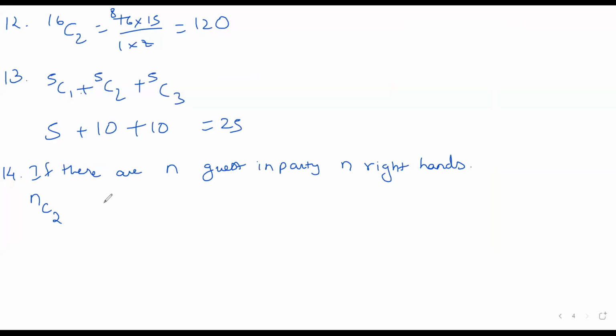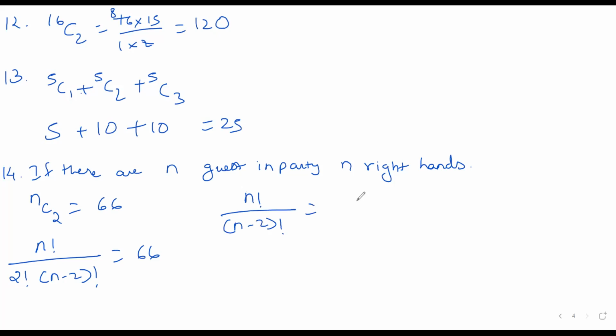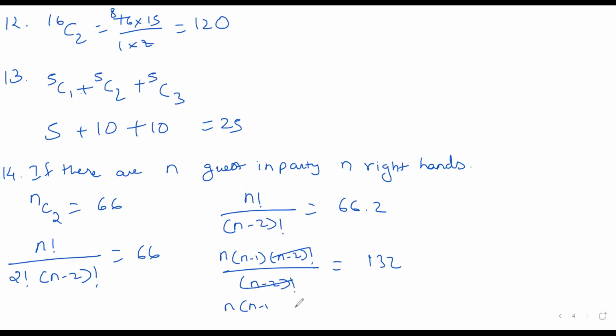nC2 is 36, so n factorial upon 2 factorial into n minus 2 factorial is 36. n factorial upon n minus 2 factorial is 36 into 2. n into n minus 1 into n minus 2 factorial upon n minus 2 factorial is 72. n into n minus 1 is 72. n into n minus 1 is 9 into 8, because these are 2 consecutive numbers. 72 can also be expressed as 2 consecutive numbers.